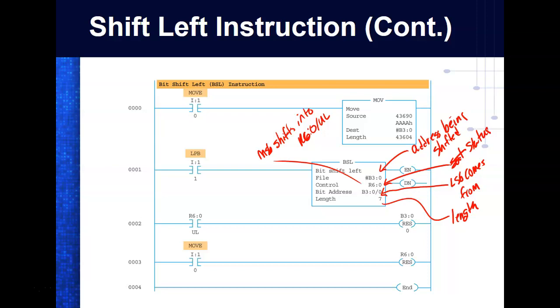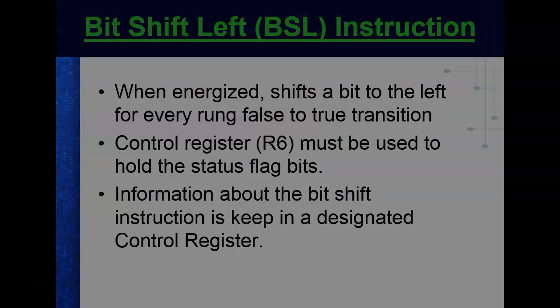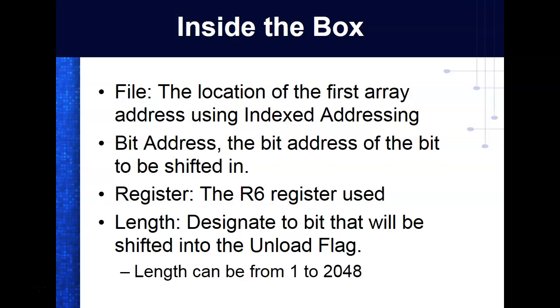And that's the bit shift left. Now let's look at the bit shift right. The control register must be used to hold the status flags, information about the bit shift. Okay, so this is the file. This is the address of what's being shifted, using index addressing. The bit address is the bit that's shifted in.